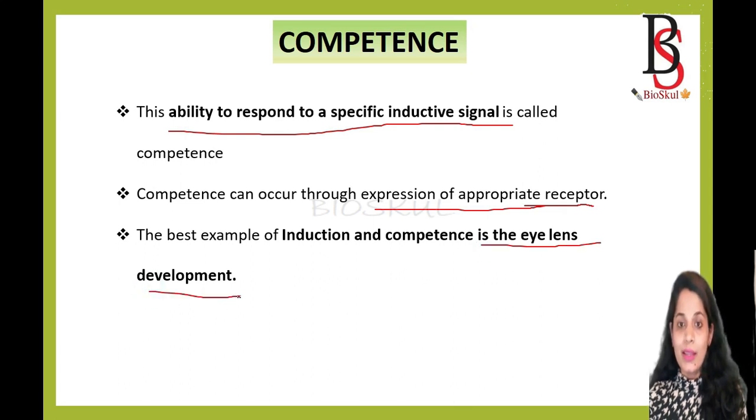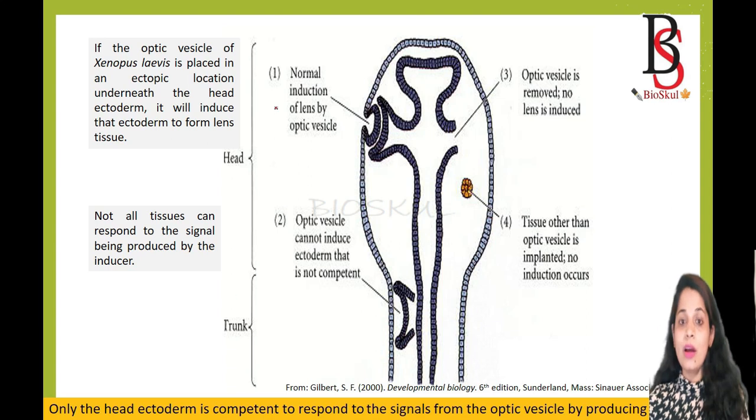So here in the diagram, if the optic vesicle is placed in an ectopic location in the head ectoderm, then it will induce the head ectoderm to form the tissue. Okay, so if we place the optic vesicle in the head ectodermal region, then what will happen?